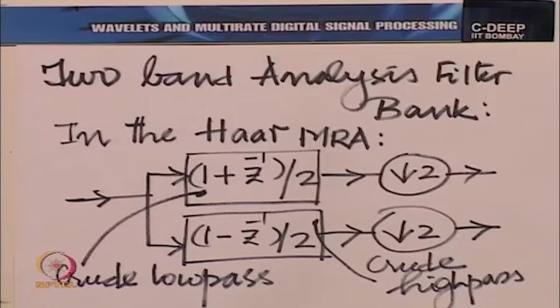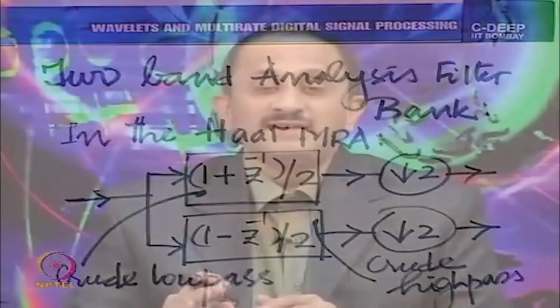Now, we also recall two other properties of these two filters that we had brought out the last time. One was what we call magnitude complementarity. Magnitude complementarity in the sense, if we simply summed the filter system functions together, you got the identity system function 1. The second was what was called power complementarity.